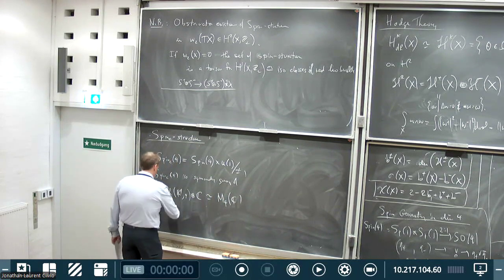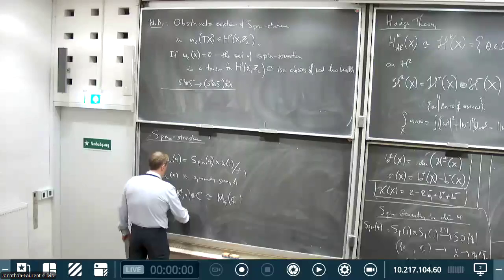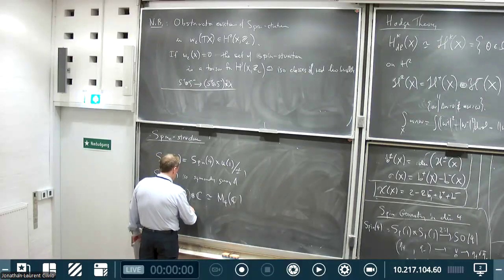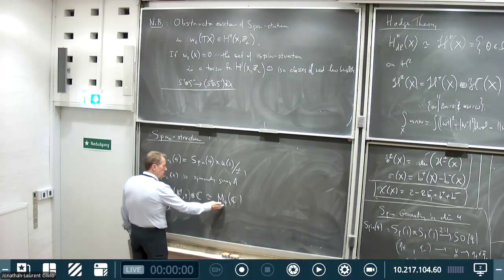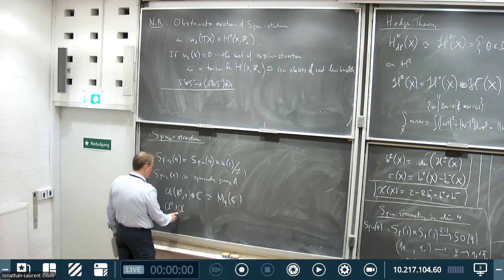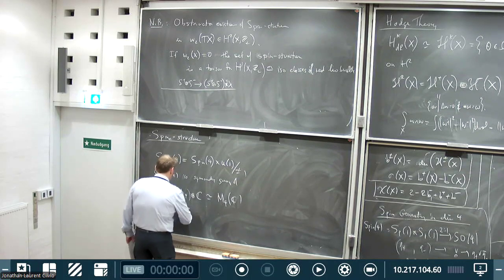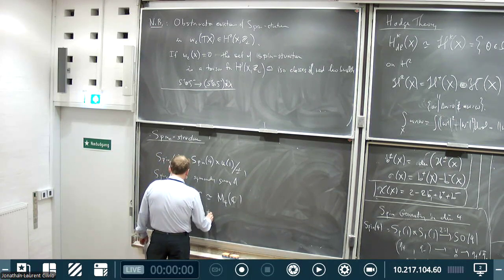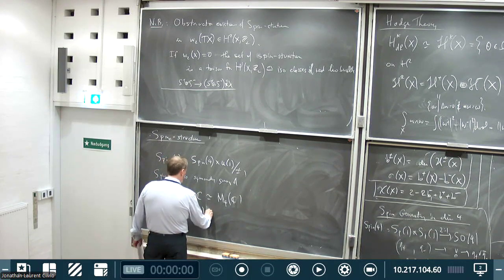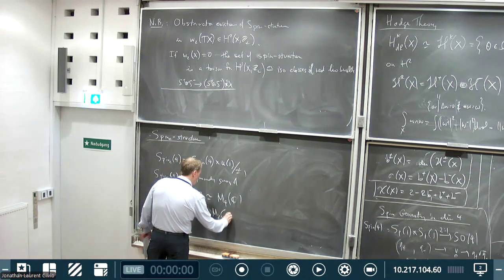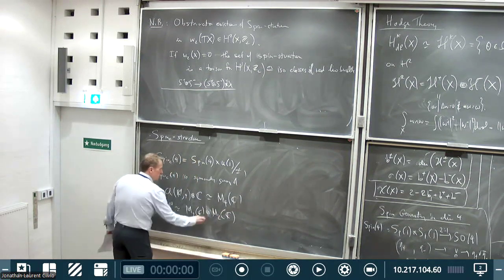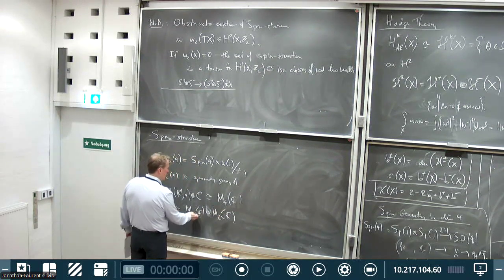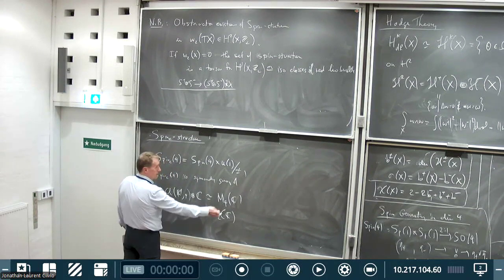Again, there's a decomposition into even and odd, and the even part is two copies of 2 by 2 complex matrices.